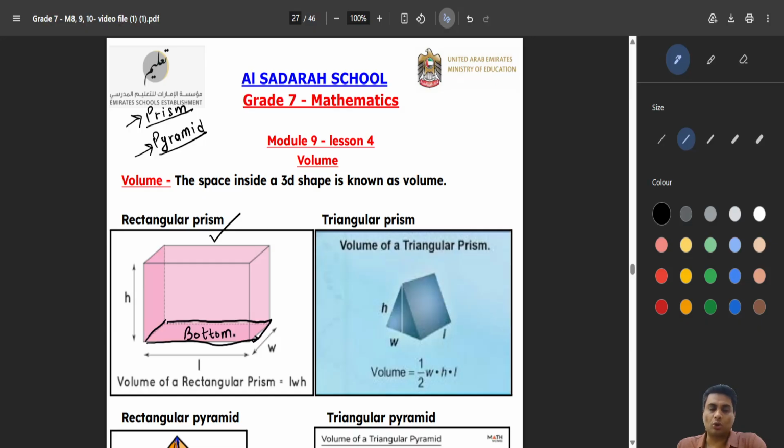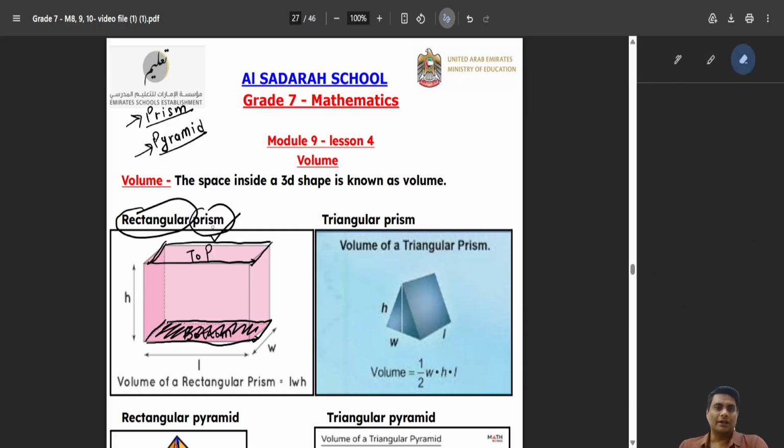Top. So the top should also have the same shape. Check here. The top is also in the shape of a rectangle. Their size and the shape are the same. Correct? That is why it is a prism. I will call it a rectangular prism. Why rectangle? Because the shape of the top and the bottom is rectangle.